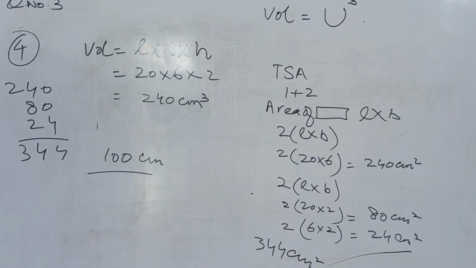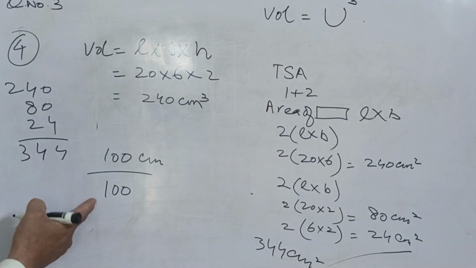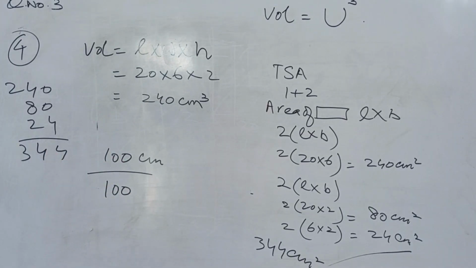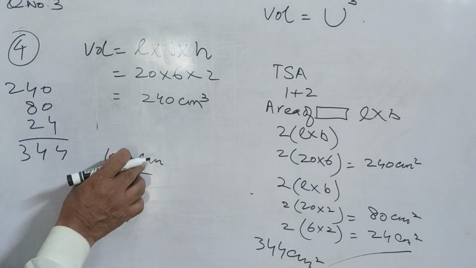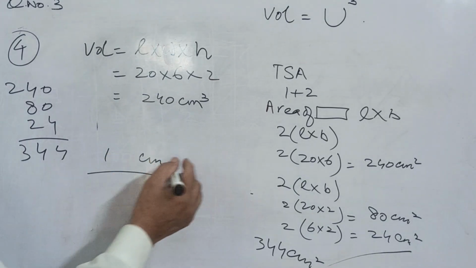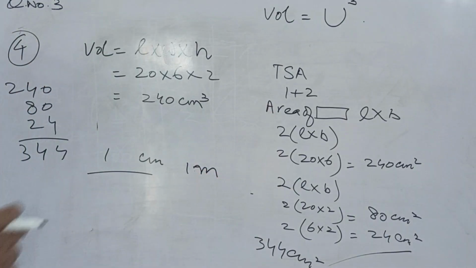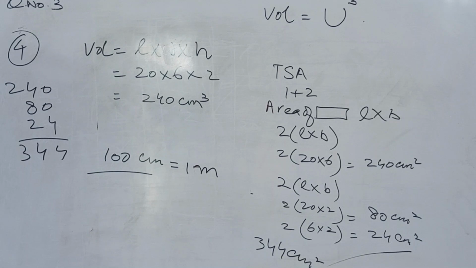There are 100 centimeters in 1 meter, so I divide by 100, and the answer is 1 meter. 100 centimeters is equal to 1 meter. I just explained it to you.